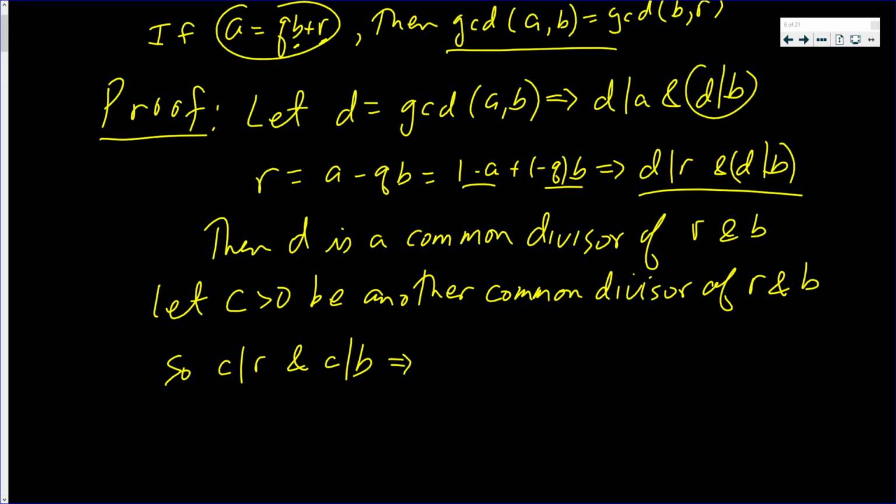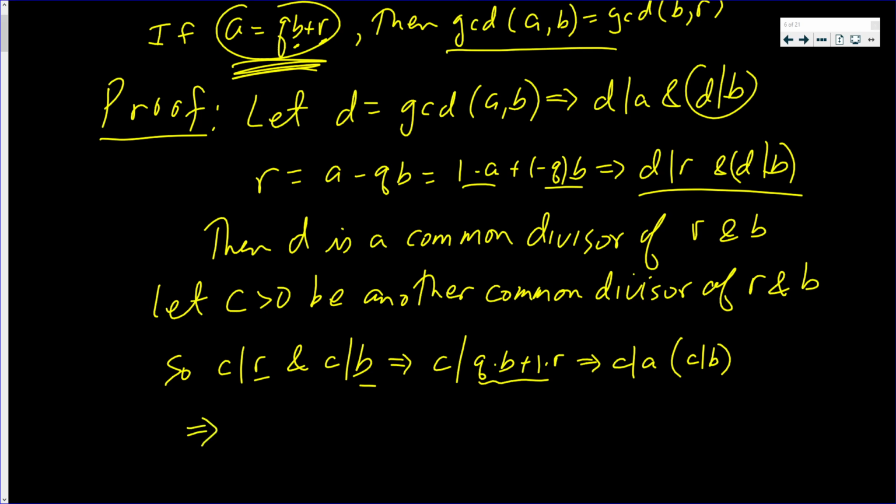Well, this implies that C divides any linear combination of R and B. It divides Q times B plus 1 times R. But that's A. So this implies that C divides A. And C divides B, which we got from here.